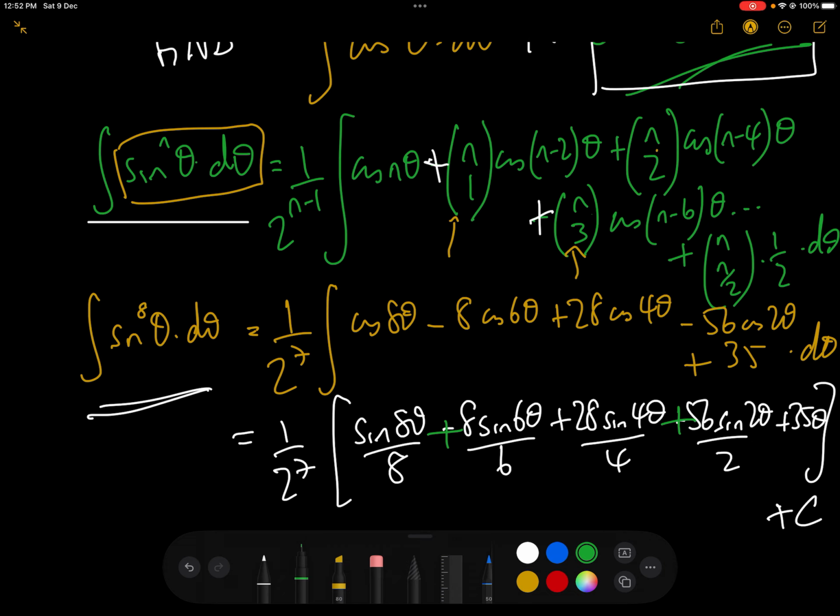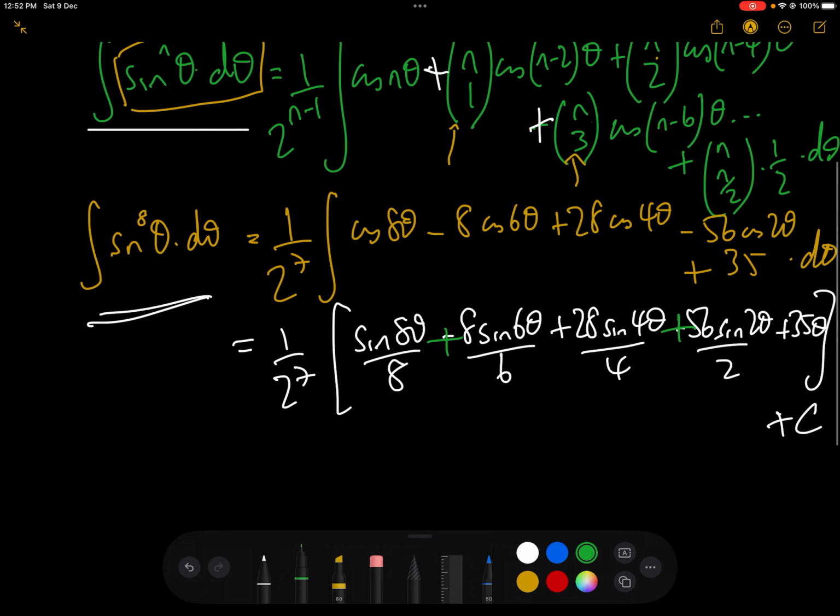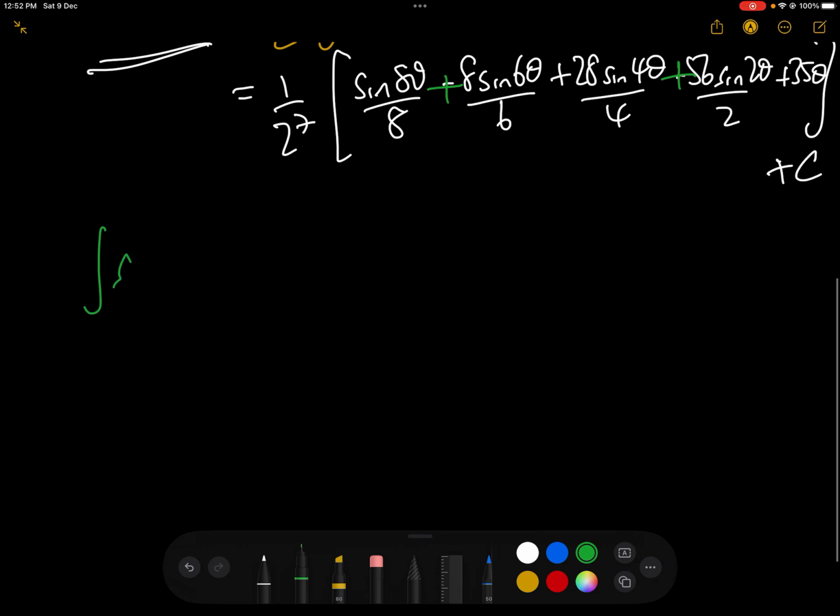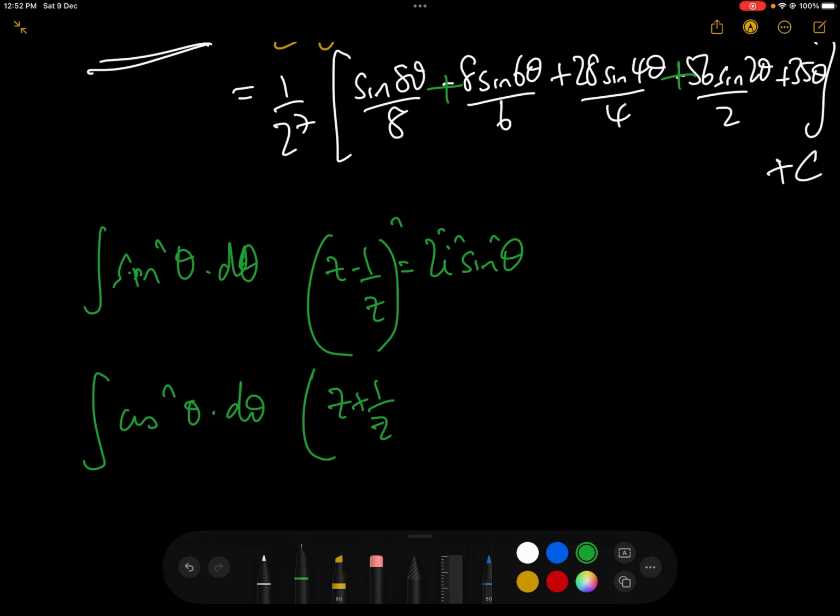For those so interested, just to explain why that is the case, when we found the integral of sine to the n theta d theta, we used z minus 1 over z equals 2i sine theta, and then we expanded that to the power of n, giving us 2 to the n i to the n sine to the n theta. If we were to do the same thing with cos to the n theta d theta, we would use z plus 1 over z equals 2 cos theta, and then we would expand that to the power of n.